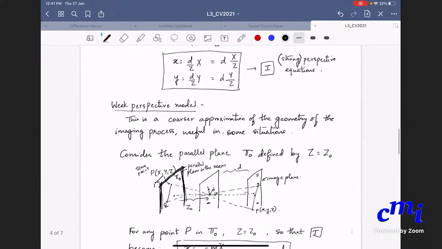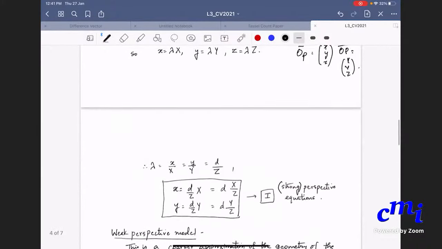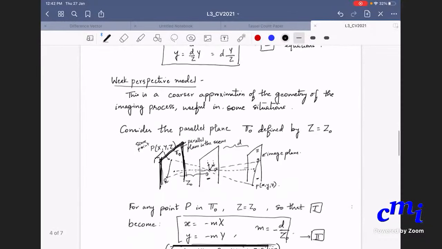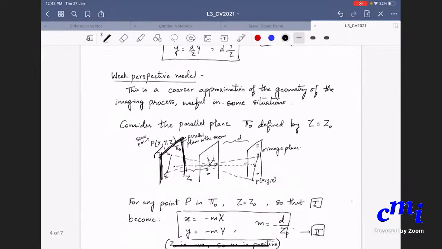In that earlier picture, where all scene elements lie at some distance, let's say capital Z0, what I want to say is that for all the points, Z0 is fixed. That is the whole reason why we want to say scene relief is small: for every point in the scene, I want to say the Z coordinate is the same.